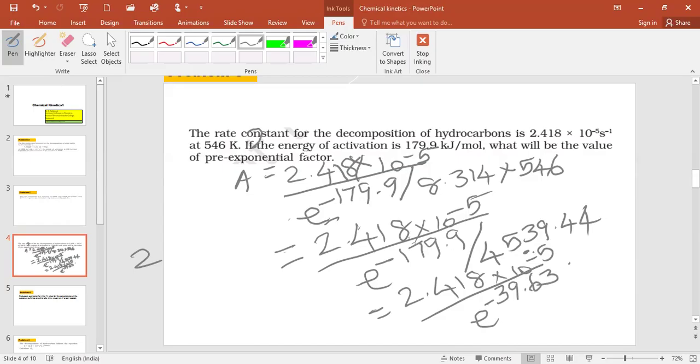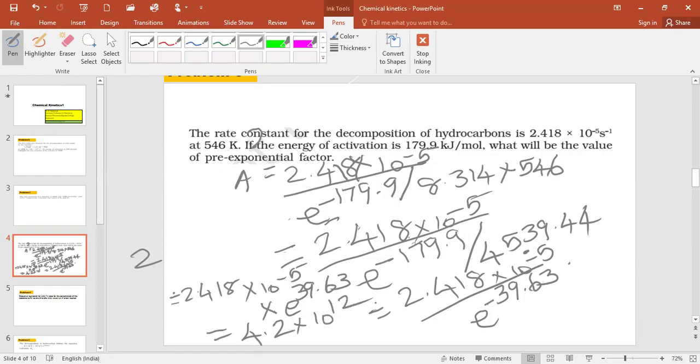When the exponential moves upwards, it becomes 2.418 into 10 to the power of minus 5 into e power 39.63. So upon simplification, I can get the value of A as 4.2 into 10 to the power of 12.